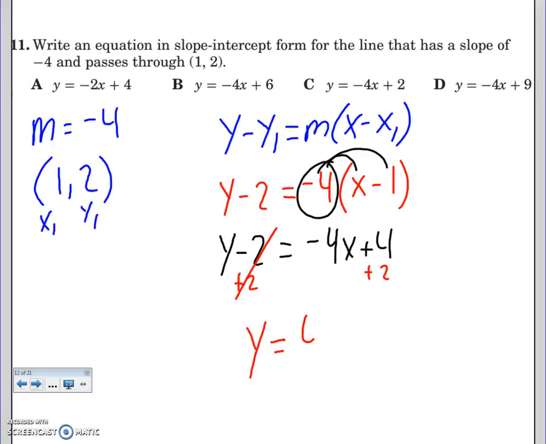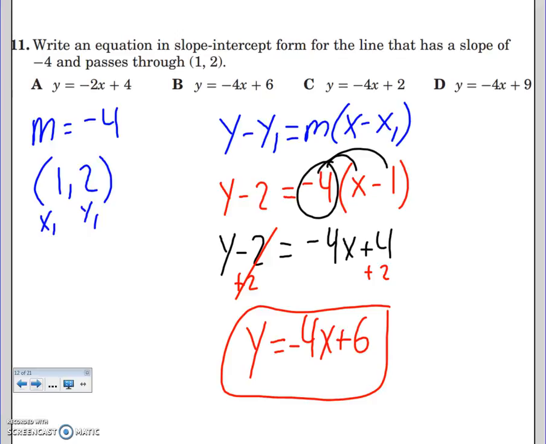Y equals -4x plus 6. That's the answer. Oh, sorry, -4x plus 6. Yeah. So that is B. 11 is B. Good.